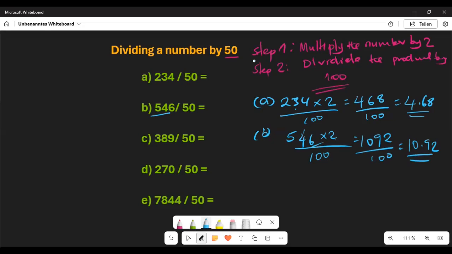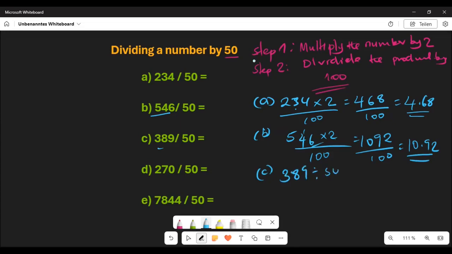So easy for anyone who enjoys maths and doing calculations without a calculator. This is the best way to compute. Now we have 389. If we have to divide this number by 50, things become easier and easier.